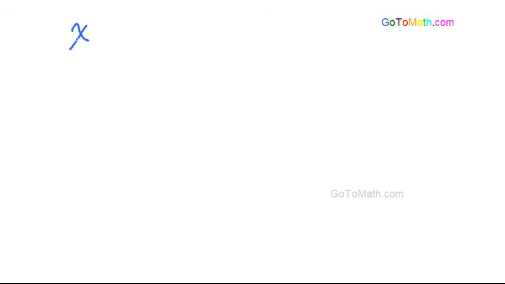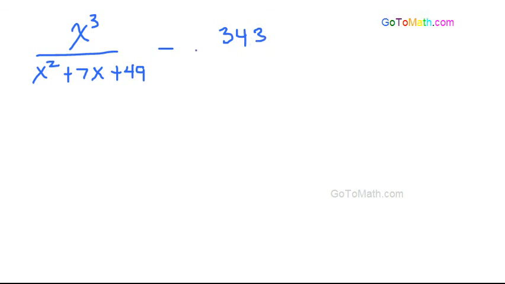Well, let's go ahead and rewrite the problem. X cubed over x squared plus 7x plus 49, minus 343 over x squared plus 7x plus 49. Set that equal to 10.